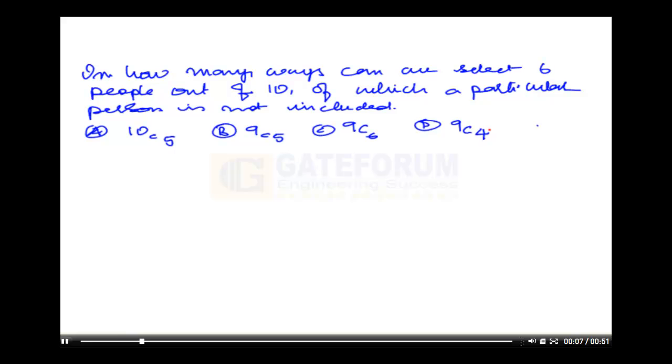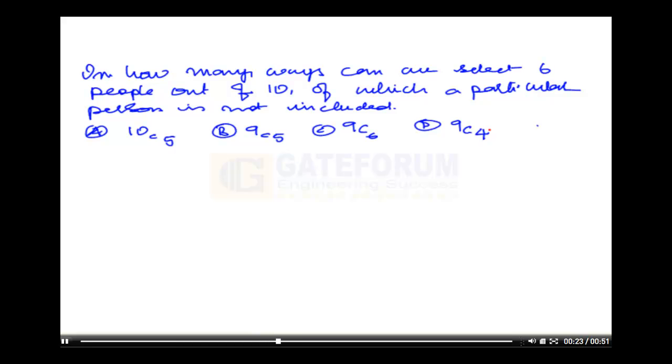Given 10 people, we have to select only 6 of them, but one particular person should not be included. You just remove that person, so still 9 people are there.